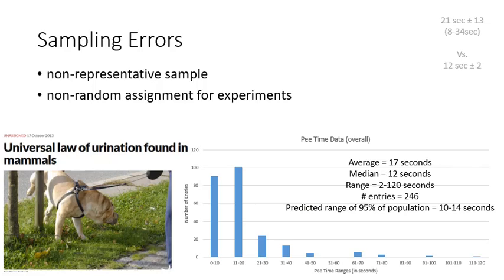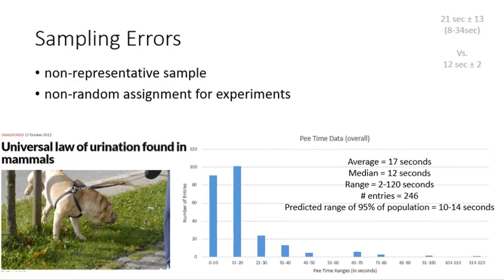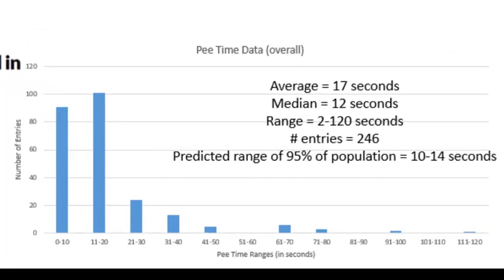I personally didn't think that the 21-second average holds true for humans, so I had a class of students time their own pee events and anonymously submit the data. Here's what we found. Because a few people had some crazy long pee times, the average was 17 seconds, but the median was just 12 seconds.